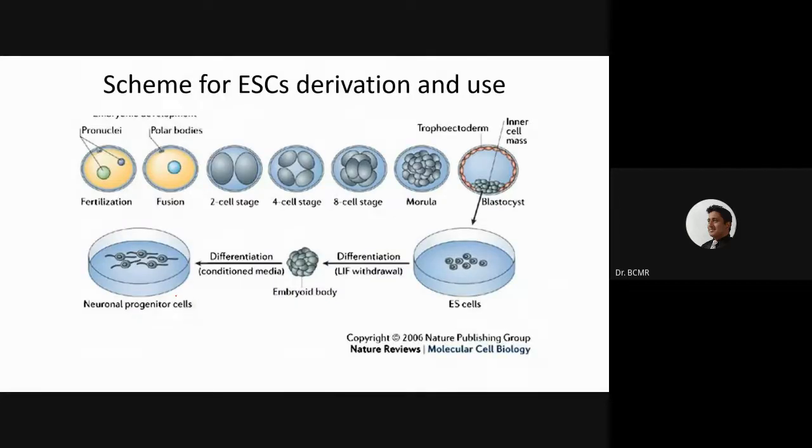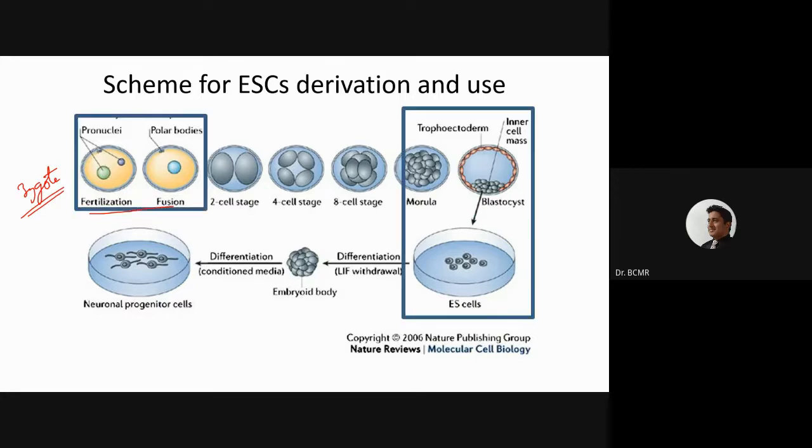So in today's class, we are discussing the whole scheme, the general scheme and the technical details. The general scheme is this for all stem cells. The first step is to somehow get the zygote, right? You need to get the embryos. The second part is to derive the embryonic stem cells.